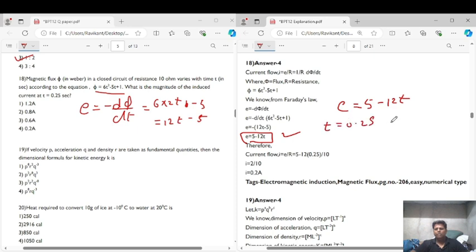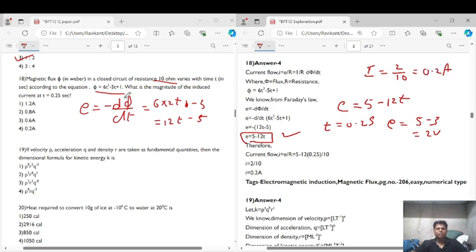Putting the value, we get E equal to 5 minus 3, which is equal to 2 volt, and the resistance given to us is 10 ohm. So the current I will be equal to V by R, that is 2 upon 10, which is equal to 0.2 ampere.